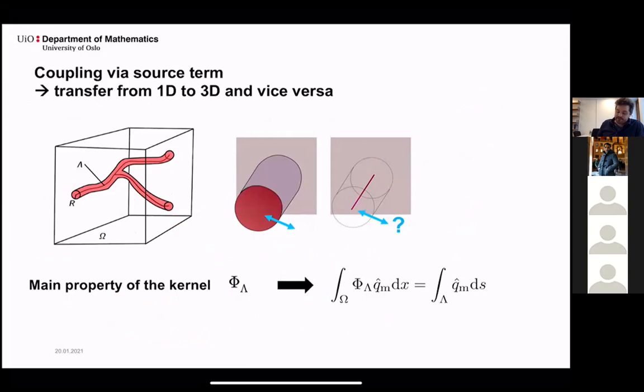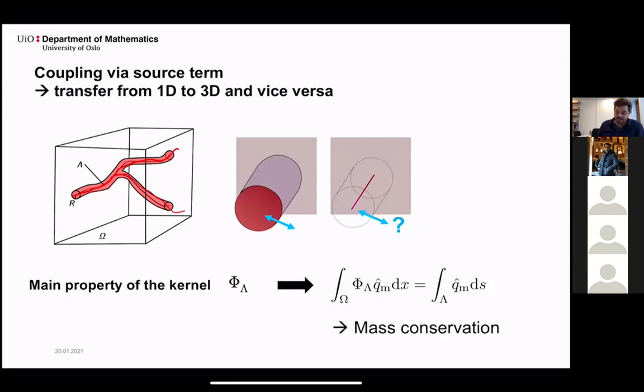We introduced this kernel, and the main important property of this kernel is if we do an integral over our entire domain, and we integrate all of our source terms, then this has to equal the integral over the source terms that we find when we only look at the line. So this makes sure that what ends up in the 3D is actually what leaves the 1D, and the other way around.